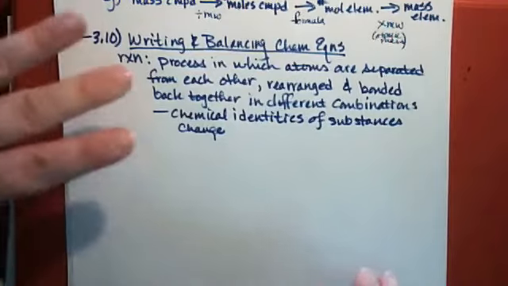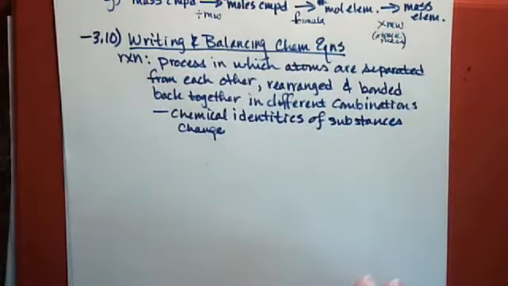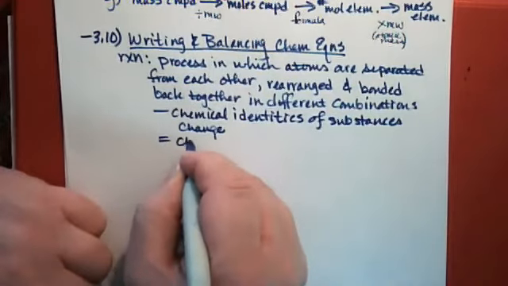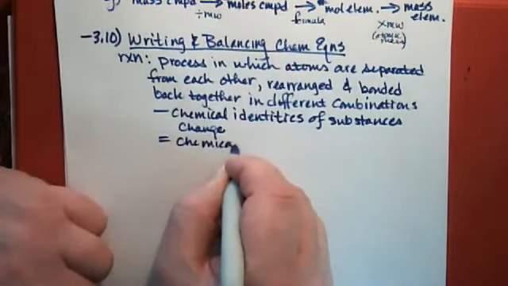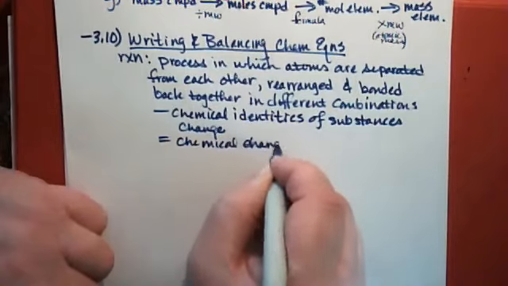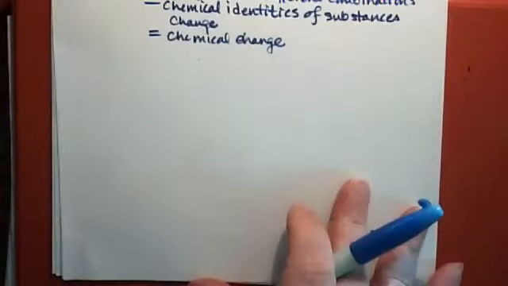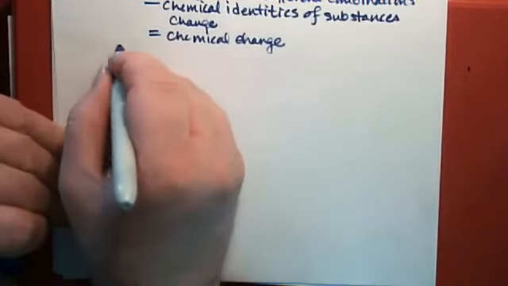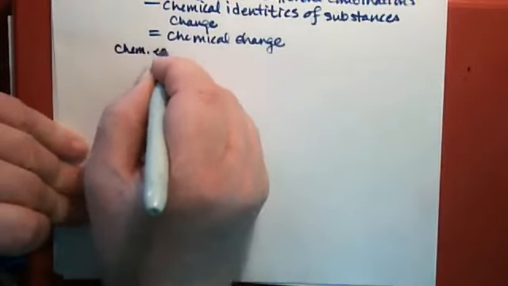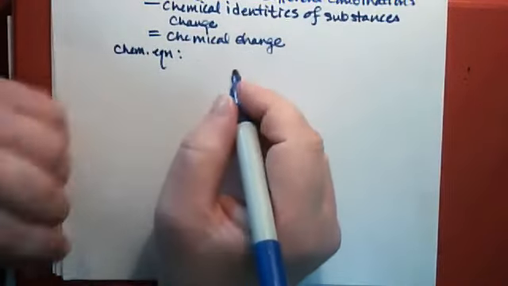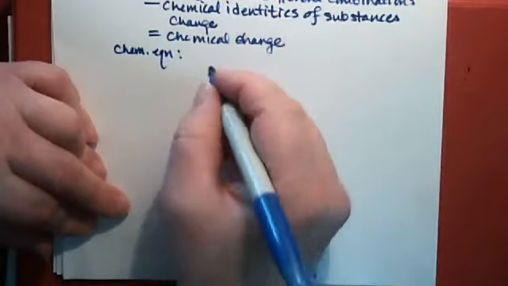Although it can be written in the form of a chemical reaction, it's actually not a chemical reaction. Chemical reactions are chemical changes, and vice versa. A chemical equation is just a summary of a chemical reaction.